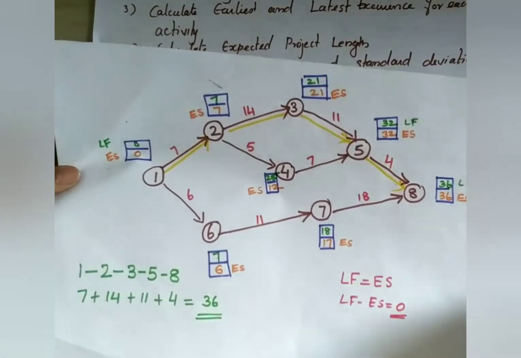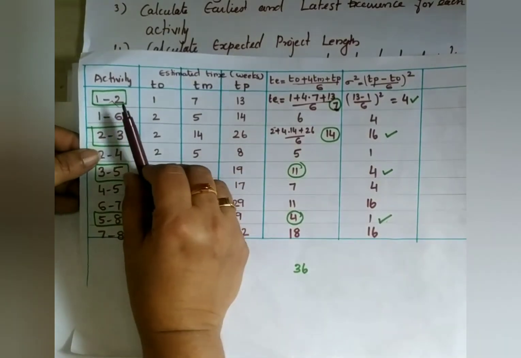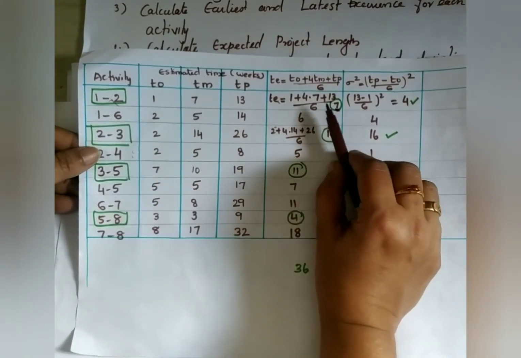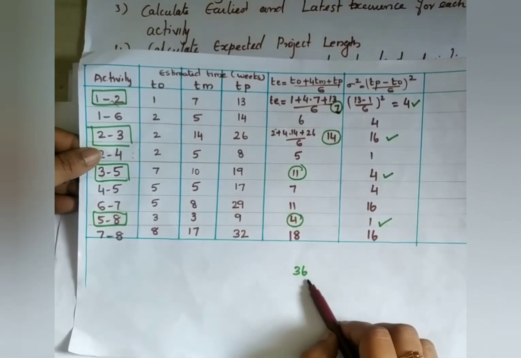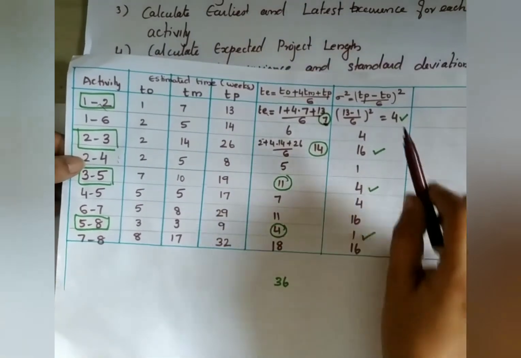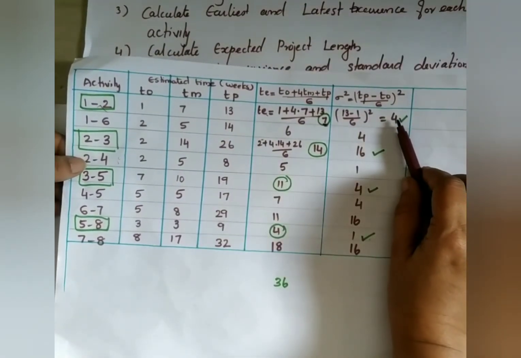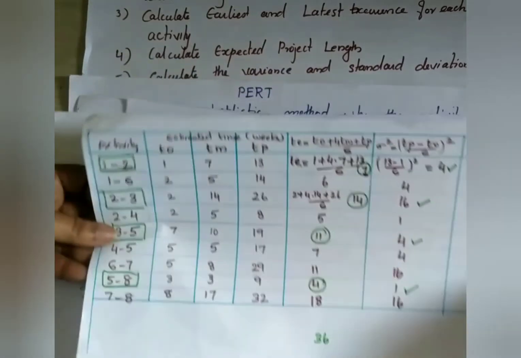Now from the table, we take the critical path activities you marked, and their TE: 7 plus 14 plus 11 plus 14 is 36, the total critical path length. The sigma square values are also from here: 4, 16, 4 and 1. That is sigma square.